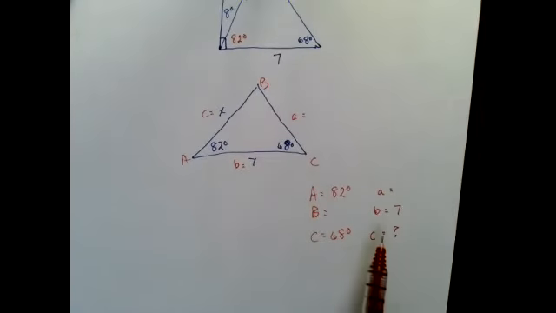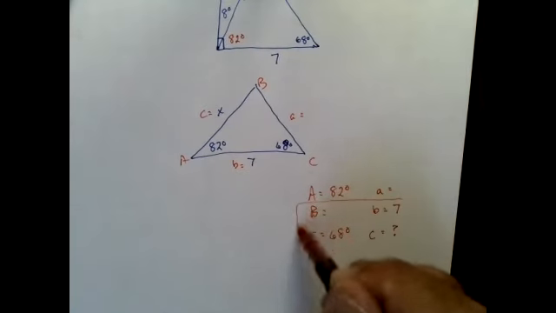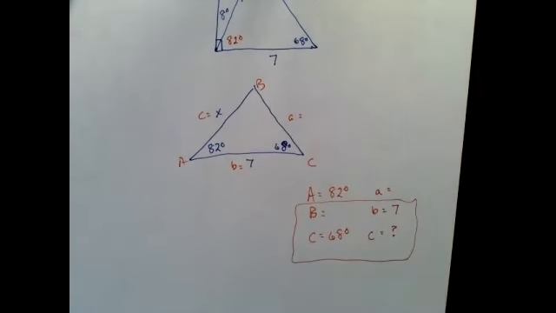When I look at that information, if I only knew this b, I could use the law of sines. If I knew b, I would have my 4 pieces and I could calculate what that little c is. You can come up with b as well.